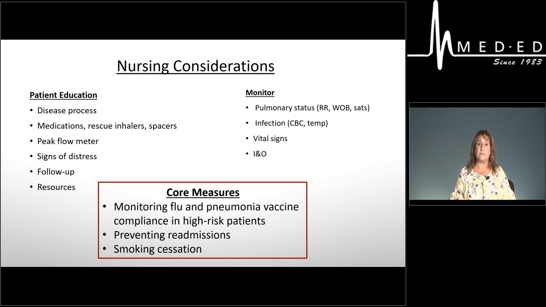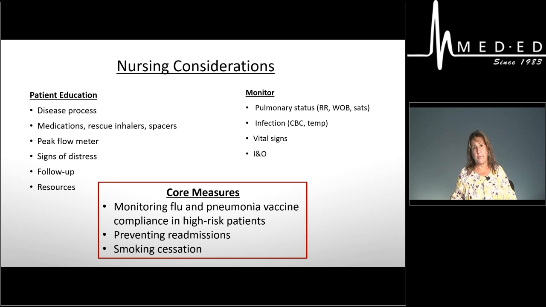Peak flow meters are used for asthmatic patients in the home setting, so they need to be taught how to use their peak flow meters so that they can gauge their own disease process day to day and not wait till it gets worse. Know what signs of distress are and how important follow-up therapy is and what resources might be available to the patient.